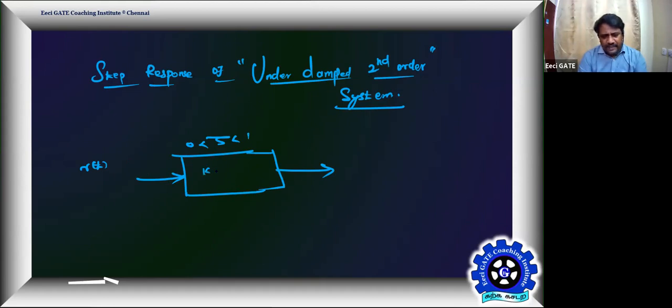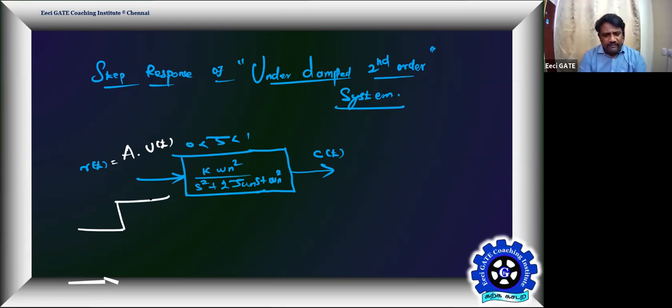Same system, k into omega n square by s square plus 2 zeta omega n s plus omega n square. R of t is a into u of t. We are applying the input.